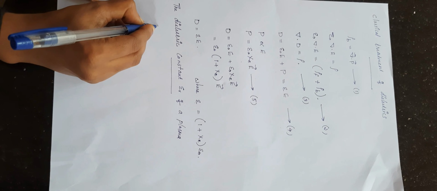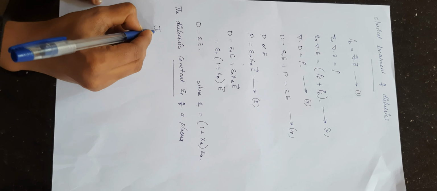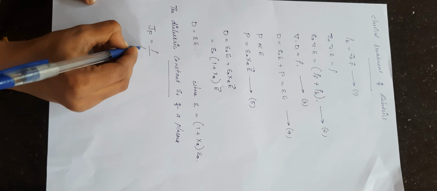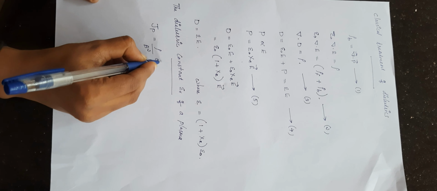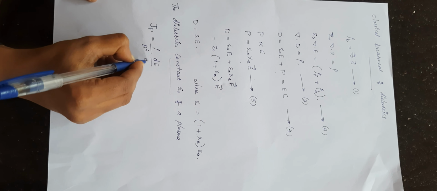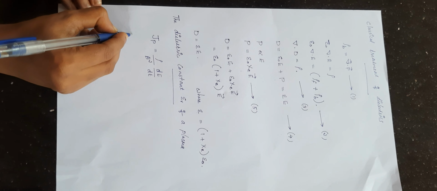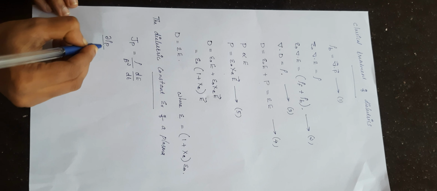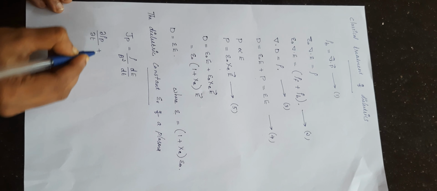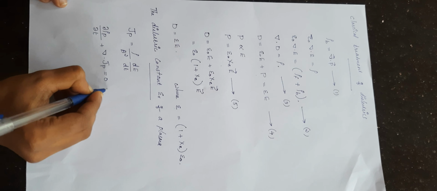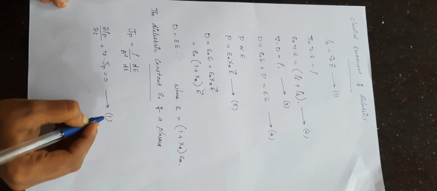Then the polarization current density Jp equal to rho by B square dE by dt. By the equation of continuity, dou rho p by dou t plus del dot Jp equal to 0. This is equation number 1.